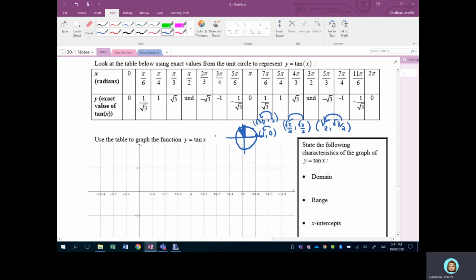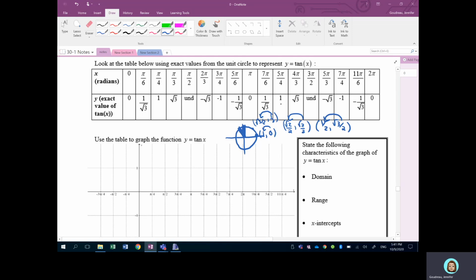When we continue around the unit circle, now we're in quadrant 3. So at pi, we're at 0. At 7 pi over 6, again, same ratio as the other pi over 6's, 1 over root 3. Because we're in quadrant 3 and tangent is positive in quadrant 3, that ratio is positive. At 5 pi over 4, we're at positive 1.